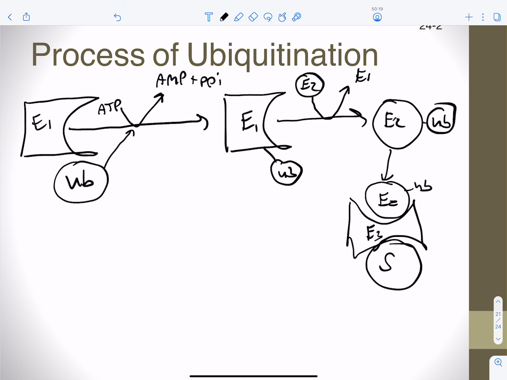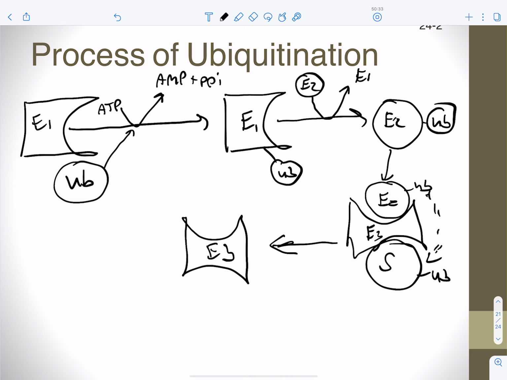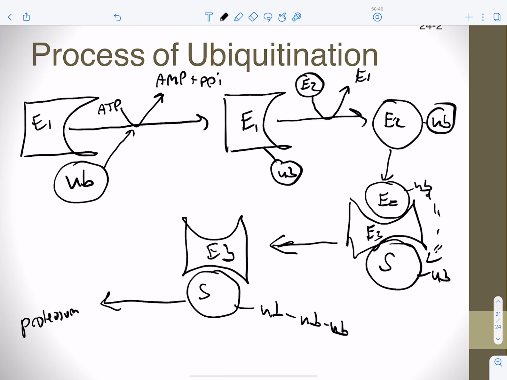And then you're going to have your ubiquitin transferred to that substrate. And then you have your release of E2. You still have your substrate, and your substrate might now have many ubiquitins. And then this could go to the proteasome, or it can be deubiquitinated.